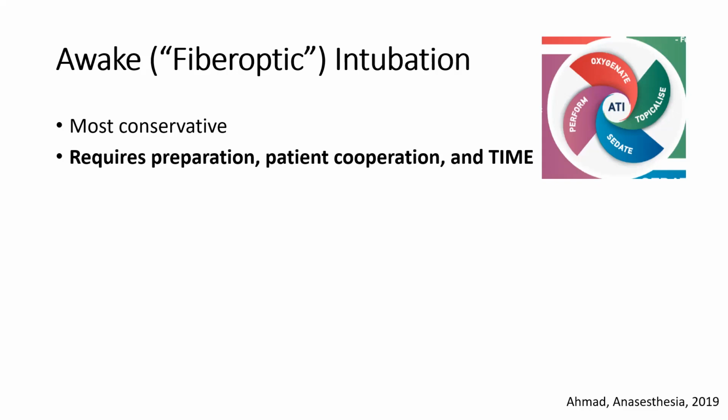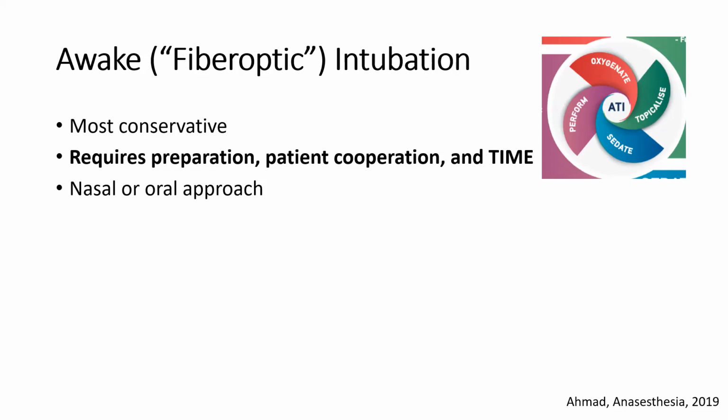But this is the most conservative way to manage the airway. The important thing to know is that it requires preparation, it requires the patient to cooperate, and it requires time. So this is not something that can be done if the airway needs to be secured in a matter of moments. You don't have time to prepare the patient for awake intubation.